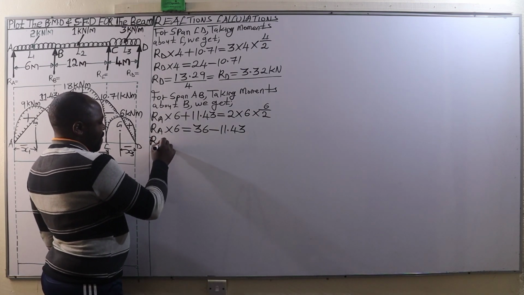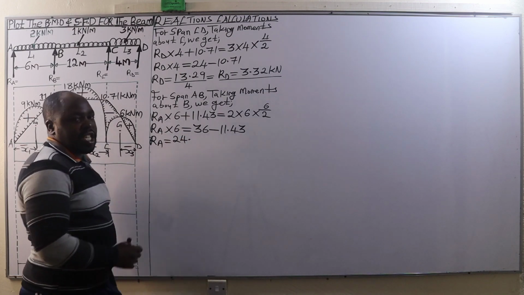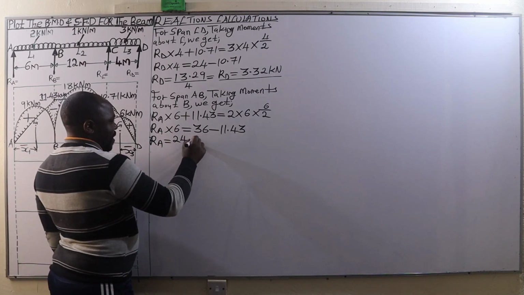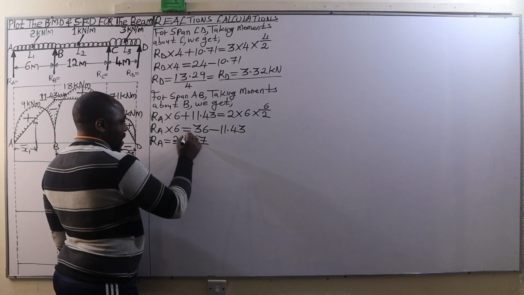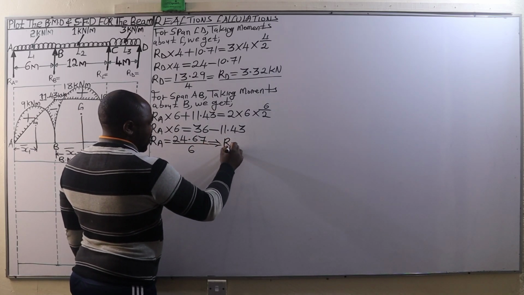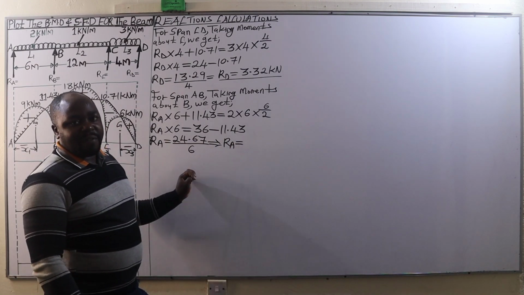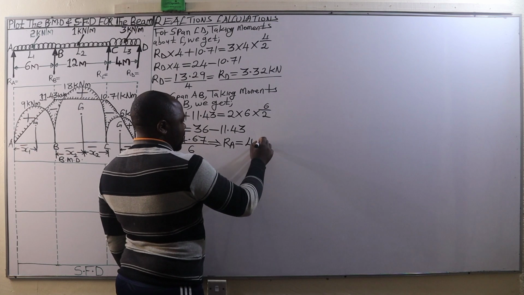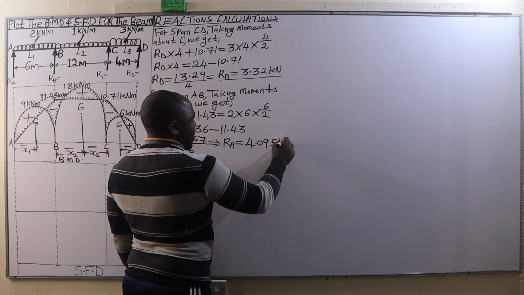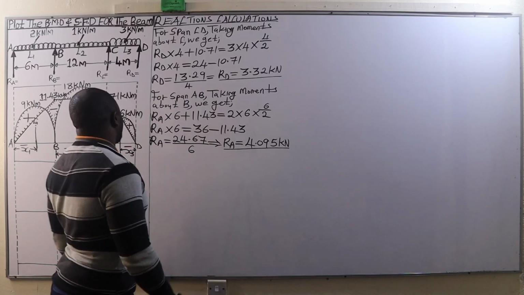So RA is equal to 24.67 divided by 6, which gives us a reaction at A of 4.095 kilonewtons. So that is the reaction at A.